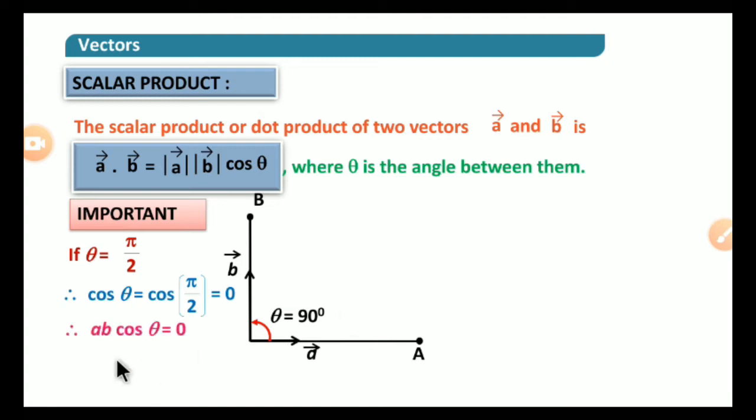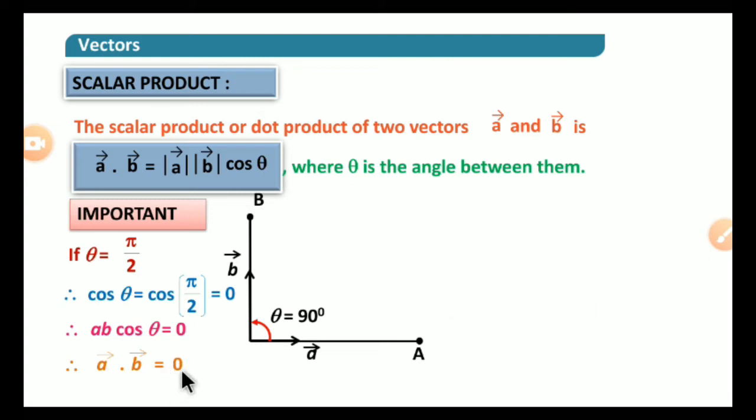Therefore, if you multiply the magnitude of vector A and magnitude of vector B to this cos theta, then the LHS becomes AB cos theta. Again it is equal to 0, because if you multiply AB by 0, it becomes 0 only. Therefore, by the definition of dot product, this AB cos theta, which is vector A dot vector B, is equal to 0.